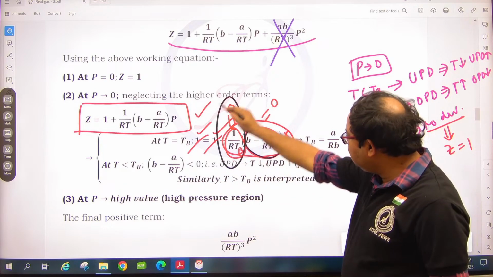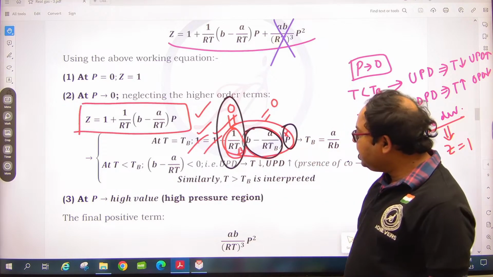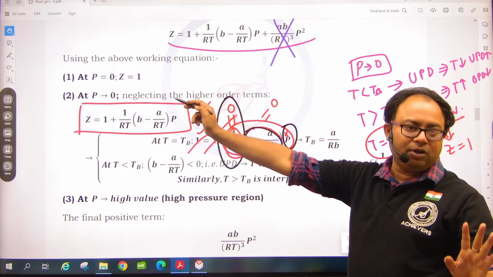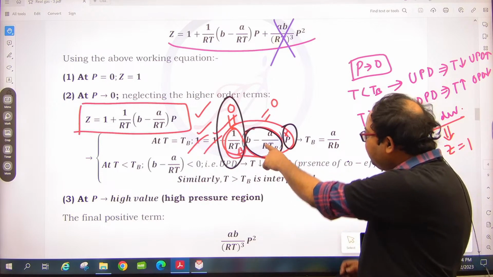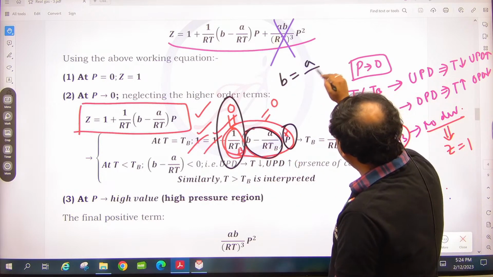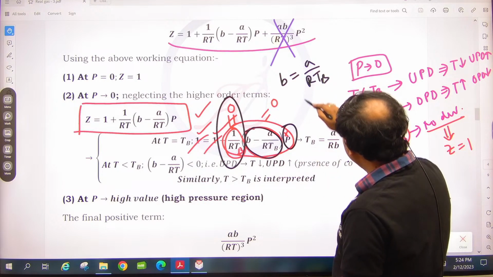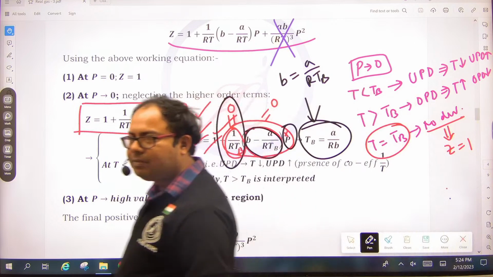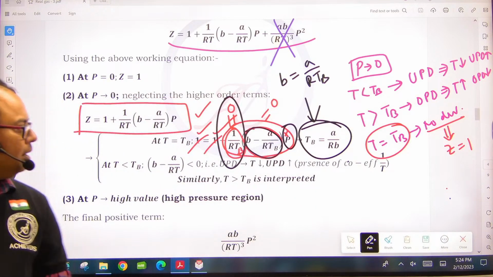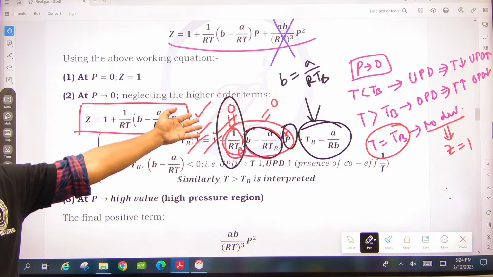Pressure is non-zero because pressure is tending to 0, it's non-zero. So if this is 0, then B is equal to A by RTB. That makes TB equal to A by RB. So you have got TB equal to A by RB. This is the expression of TB.